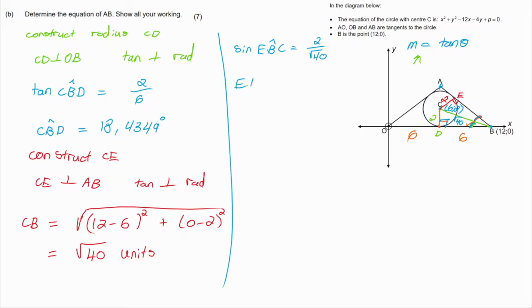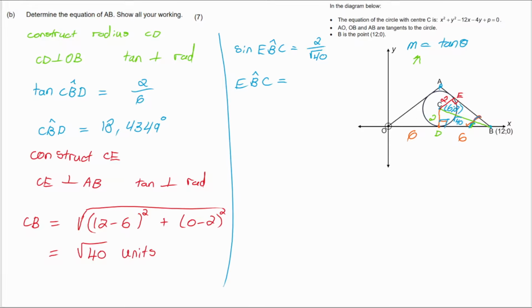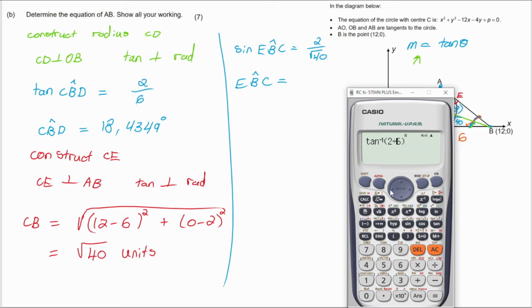So EBC is equal to, I'm just going to use my calculator again, shift tan of 2 over square root 40. Okay, I made a mistake here. This should not be tan because I was dealing with sine. I made so many mistakes in this question when I did it the first time, first recording, and now I'm making mistakes again. More coffee is probably required. Sorry guys, it was a complete mess, even when I recorded on the weekend. It's a bit better now.